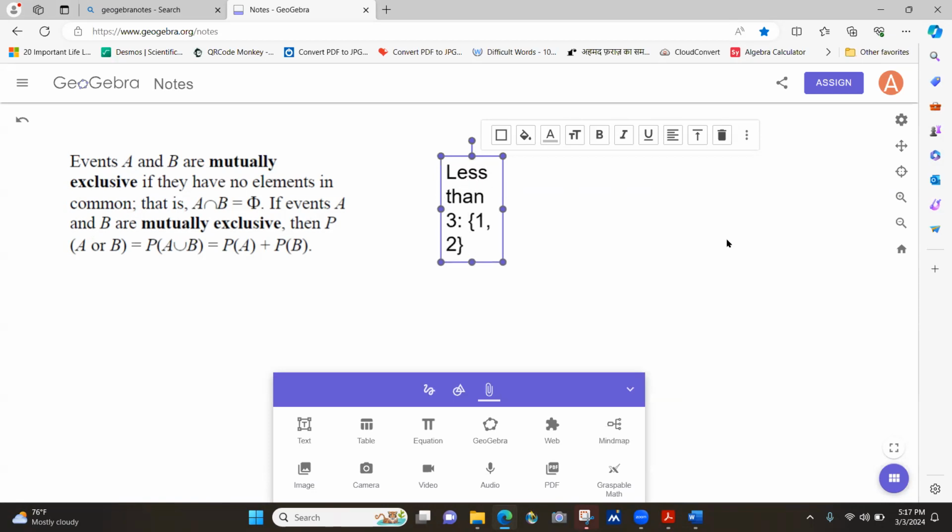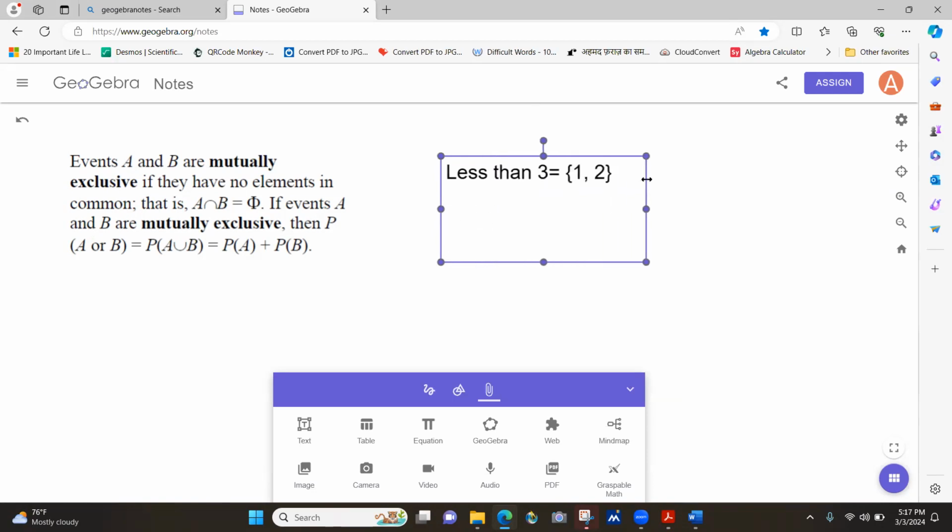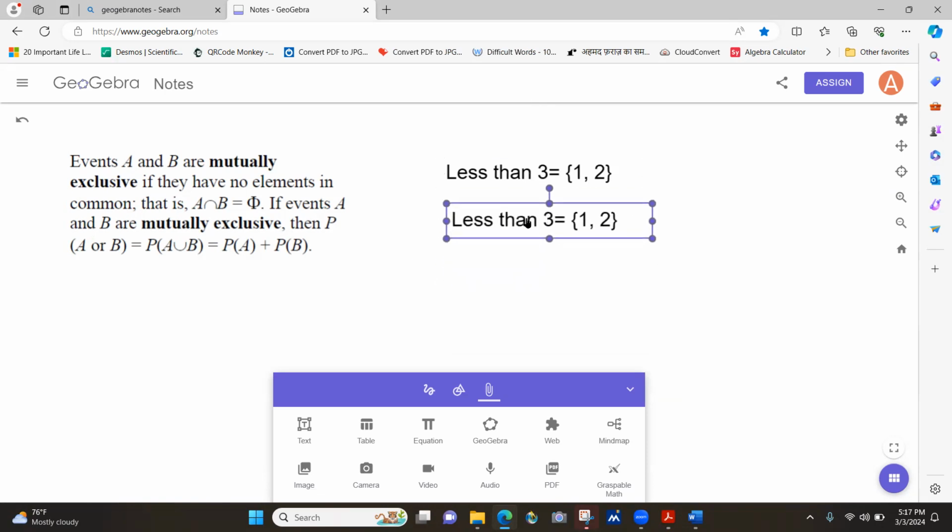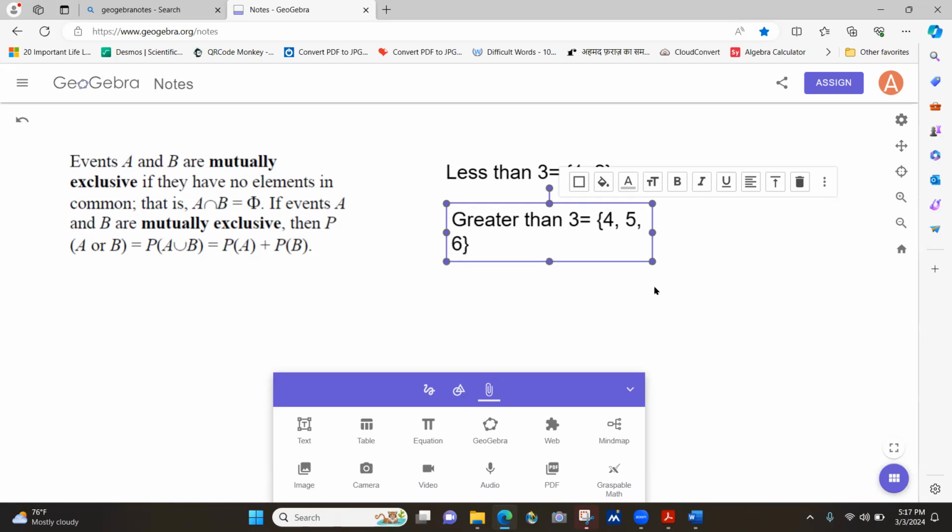Less than 3 means strictly less than 3. Okay? It cannot be equal to 3. And I have another event, and I'm going to call it greater than 3. And that's going to be 4, 5, or 6.